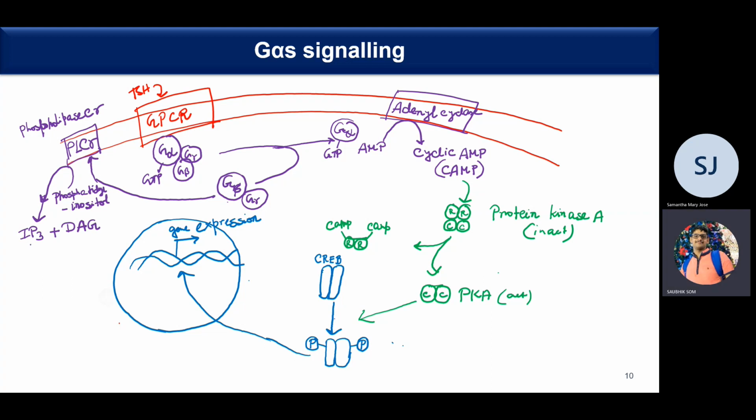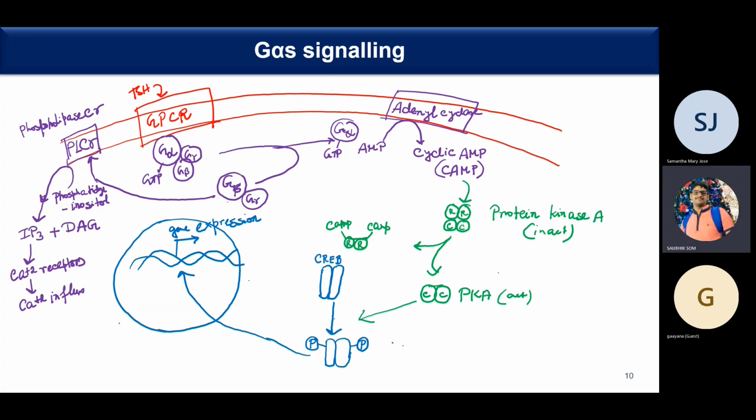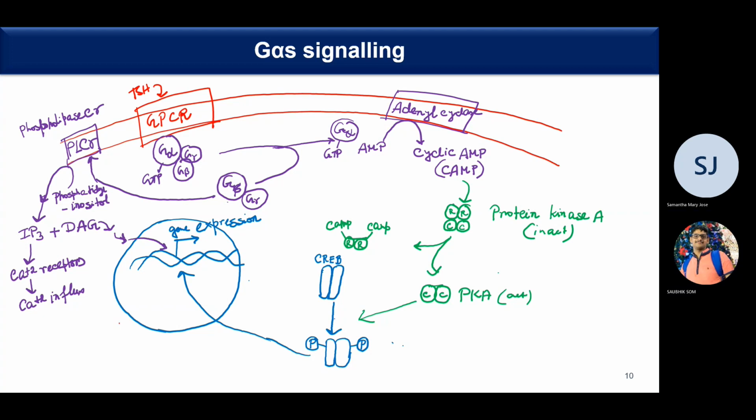This IP3 goes and activates calcium signaling, activating calcium receptors to release calcium influx. And DAG, with some other intermediates like transcription factors, will bind and promote transcription of some other genes to promote growth. So these are the schematics of G alpha S signaling, and there are also two more signaling pathways known as G alpha I and G alpha Q.